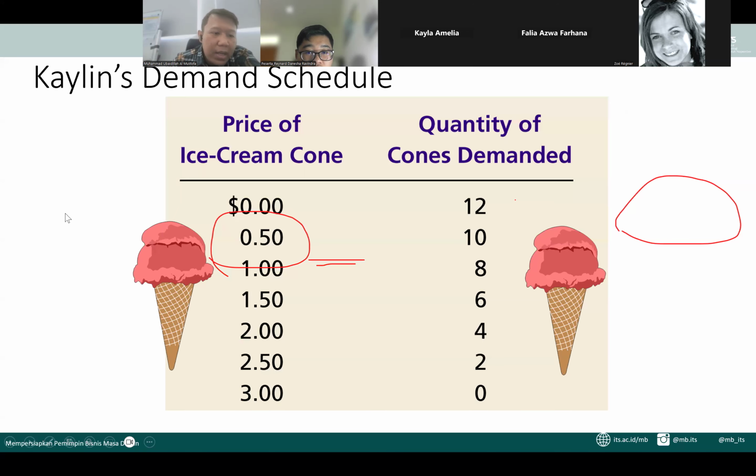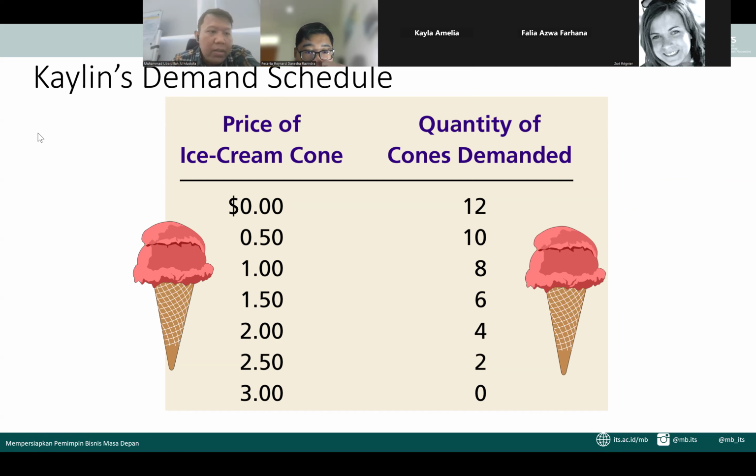So let's look at an illustration. This is a person named Kaylin. This is the demand schedule of her willingness and ability to demand ice cream.